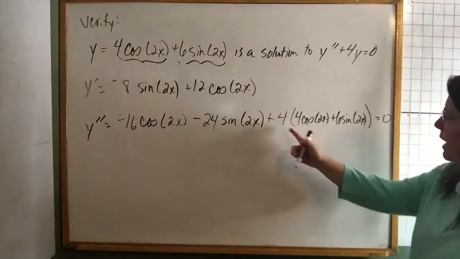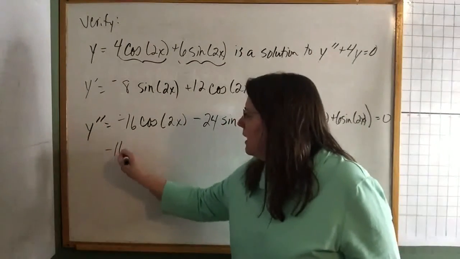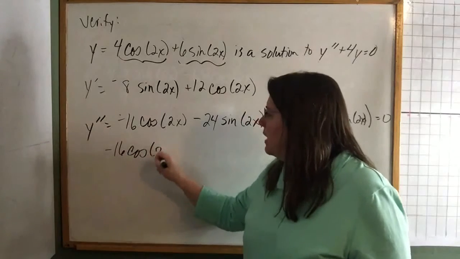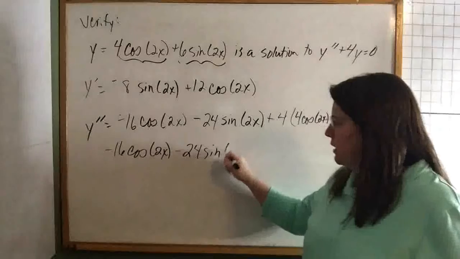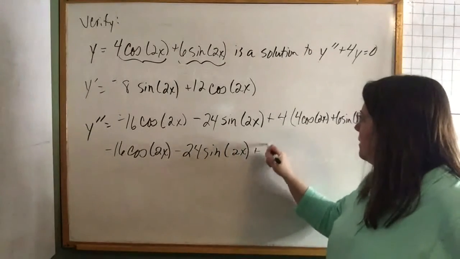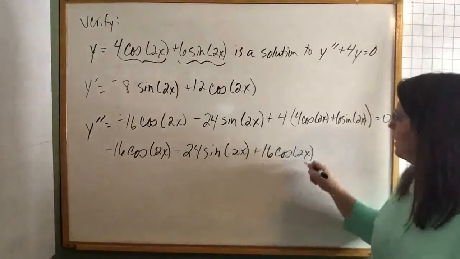Well, I'm going to distribute the 4 here. So I'm going to keep all of this, negative 16 cosine 2x minus 24 sine 2x, plus 16 cosine 2x plus 24 sine 2x.